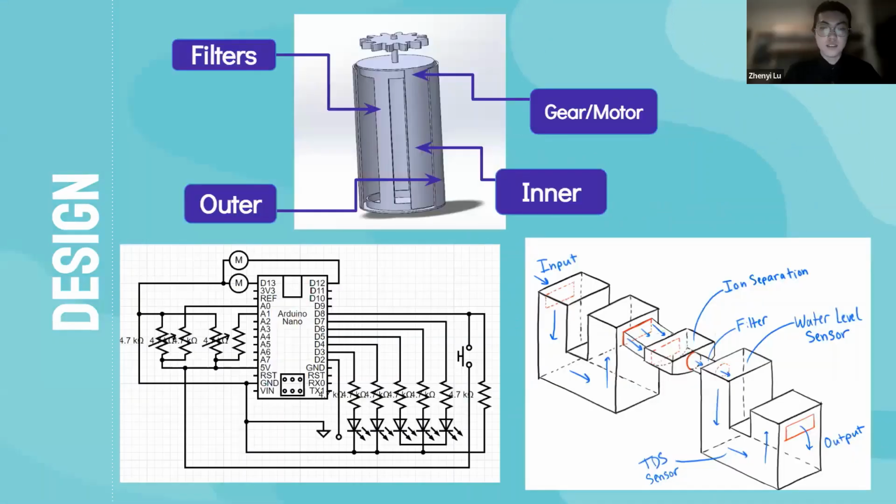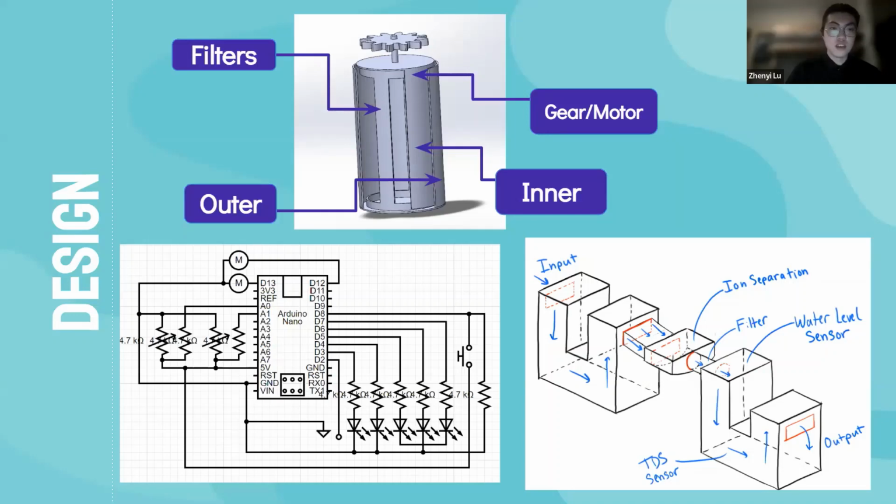Thank you, Olivia. So first is the design process. At the beginning, we researched the various sensors and ways to remove heavy metal in the water. And since we are focusing on the electrical industry, the only polluted water we treated is heavy metal water.